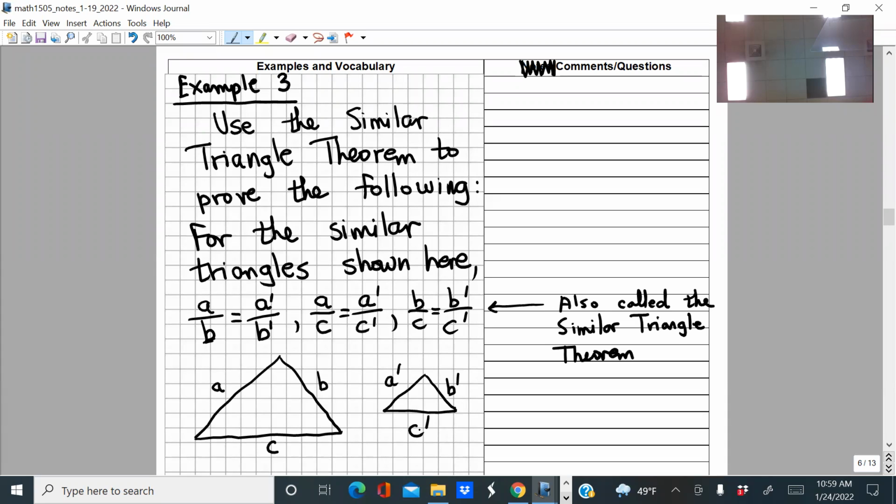So in similar triangles, the ratios of sides are the same. The angles are the same, the sides don't have to have the same length, but the ratios of the sides are going to be equal.